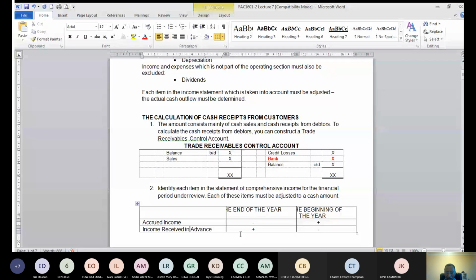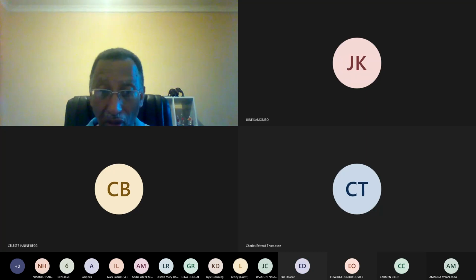Income received in advance at the end of the year, you add. And at the beginning of the year, you subtract. So go to your statement of financial position and see if there are any accrued income or income received in advance.